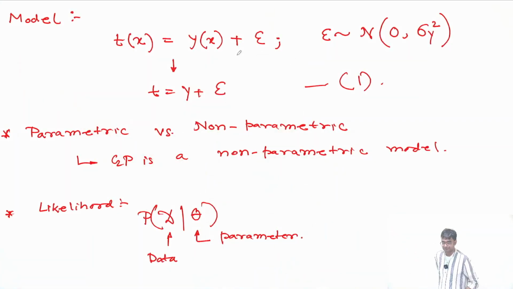But that does not mean everything will be unknown also. Some things can be known also, right? What is the distribution from here? Gaussian, because I have conditioned on y, so y becomes a constant. So it's a Gaussian.